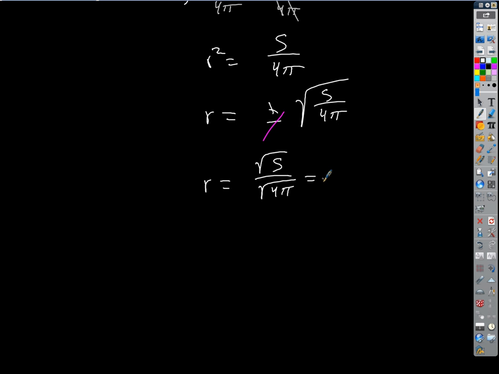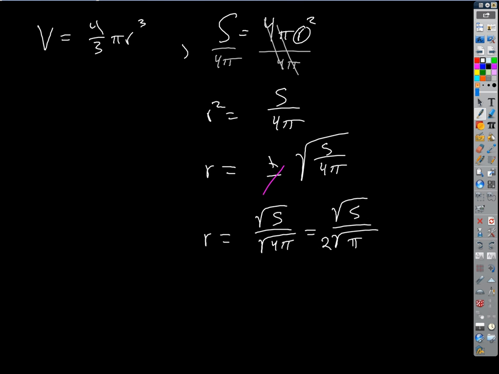Well, what can I do on the bottom? I can take the 2 out, and I just end up with the square root of pi, right? But no radicals in the denominator, so what do I need to do? Okay, good. We'll get there. Let's not worry about that for now, because that's not going to be our final answer. Can a circle have a negative radius?